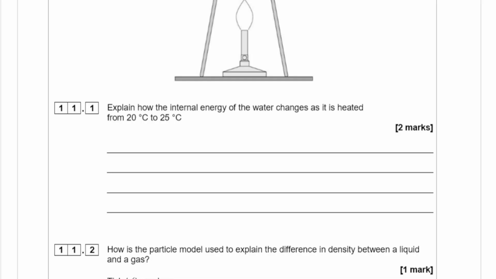Now, internal energy will increase, right? The internal energy of the water will increase.